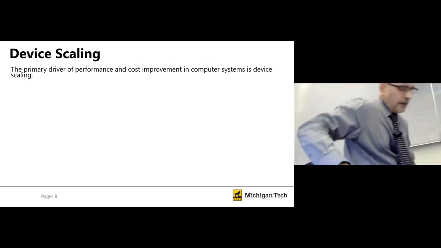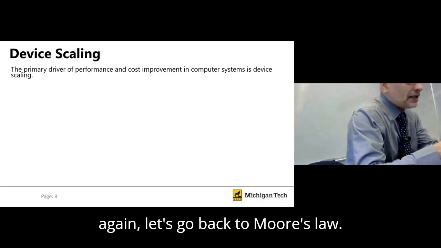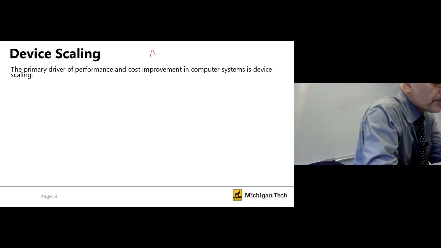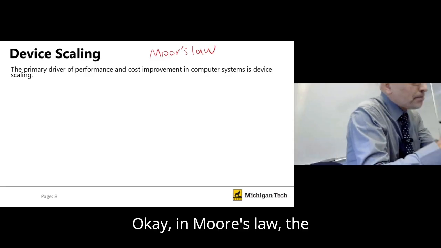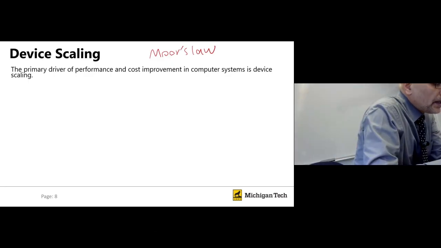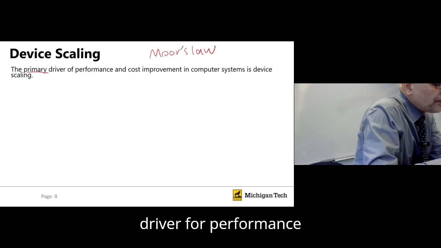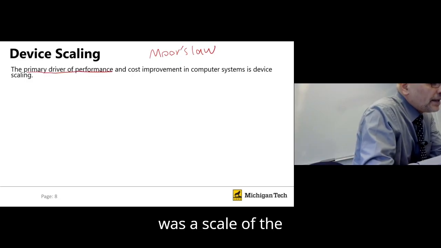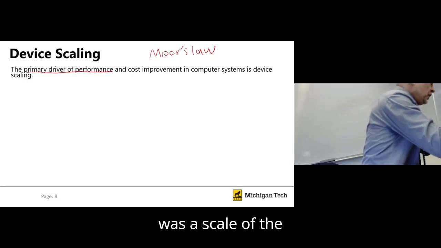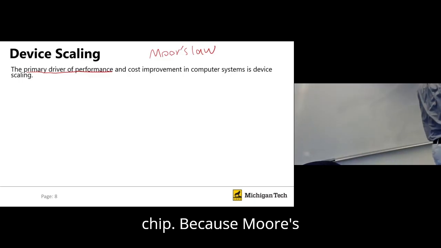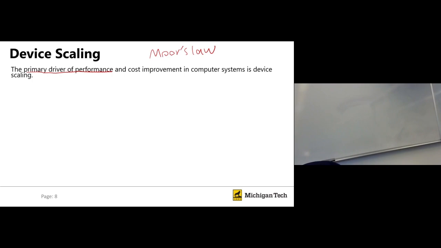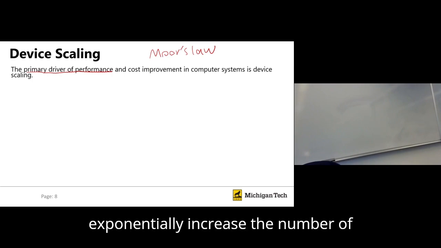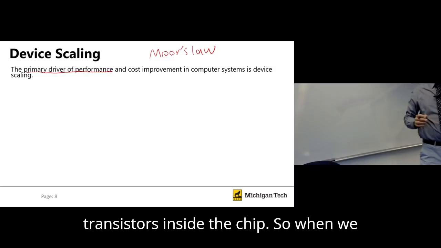Again, let's go back to Moore's law. In Moore's law, the primary driver for performance was the scale of the chip, because Moore's law says that we can exponentially increase the number of transistors inside the chip.